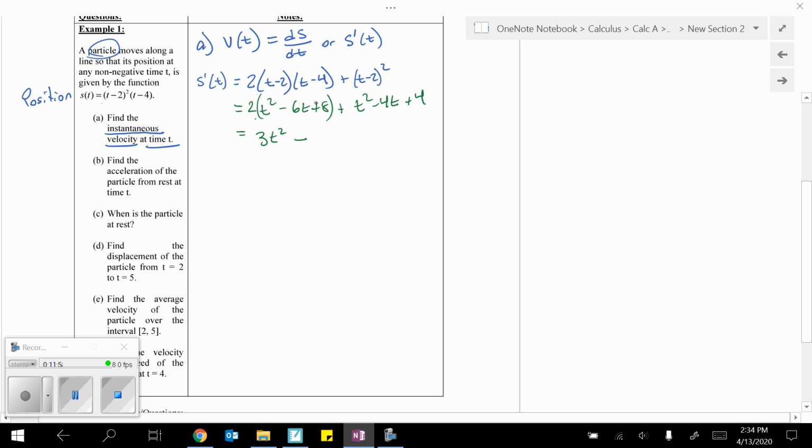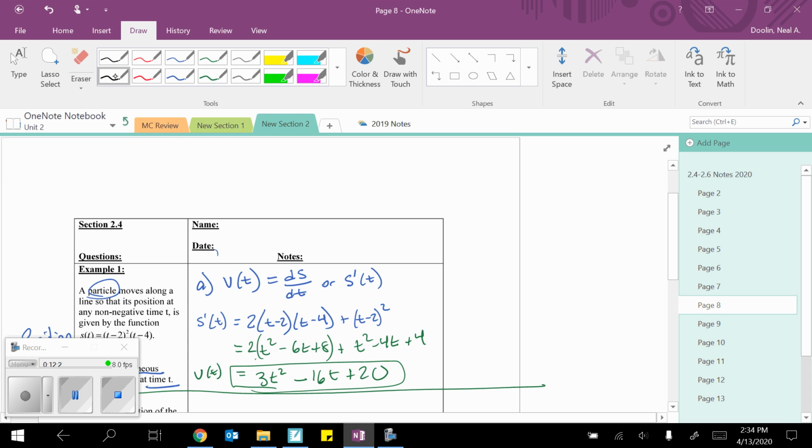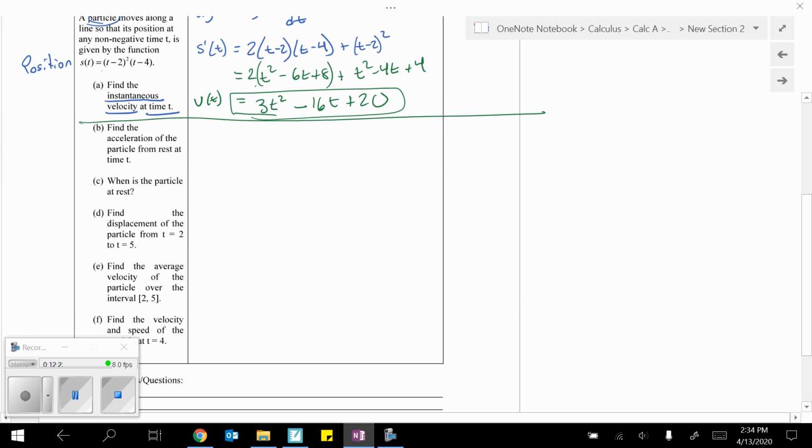Okay, so then that'd be 12 of them minus 4 would be minus 16t, and then 16, 20. So there is our instantaneous velocity. You could say it's v of t, or you could say it's s prime of t, or ds/dt, all that works. Okay, boom. And again, I'm only simplifying because I know we're going to have to use it to do other stuff. Otherwise, I totally would have left it this way, and that would have been fine.